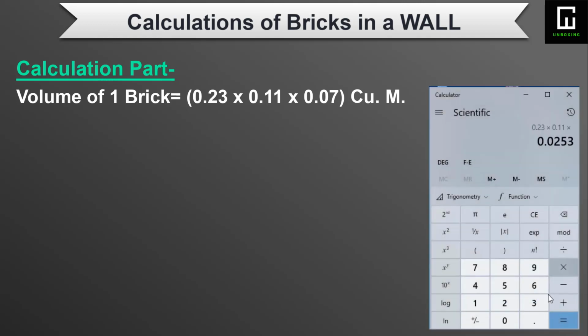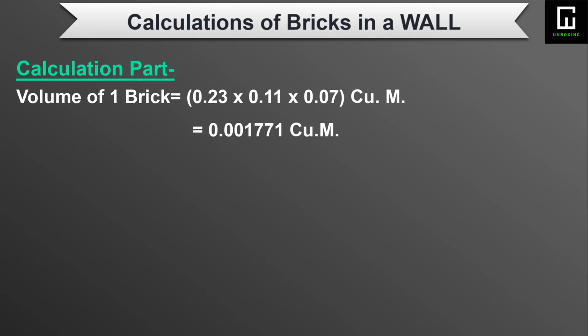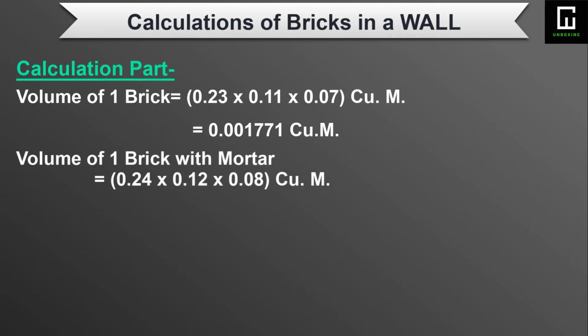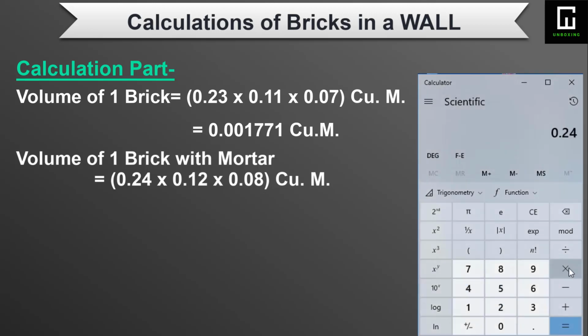So in total we get the value 0.001771 m3. Next we have to calculate the volume of one brick with cement mortar by multiplying 0.24 into 0.12 into 0.08 m3, which comes to 0.002304 m3.